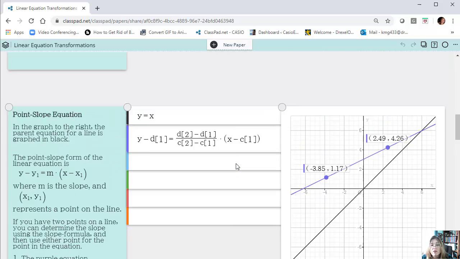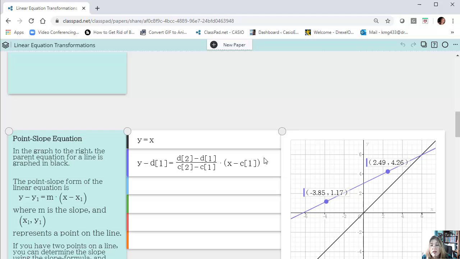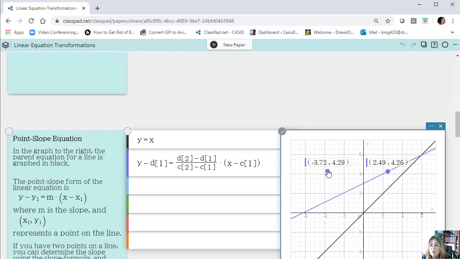The next activity is going into point slope equation, and you'll see that here's the parent function again in black, and then there's this purple line that has some coordinates here, and the purple line has been graphed. So each of these points represent C1, D1, and C2, D2, and we've kind of done the point slope form here. And the reason we did that is because now we can actually move these points and change that line.